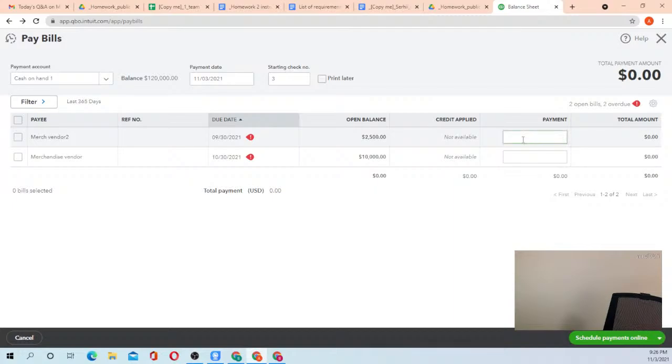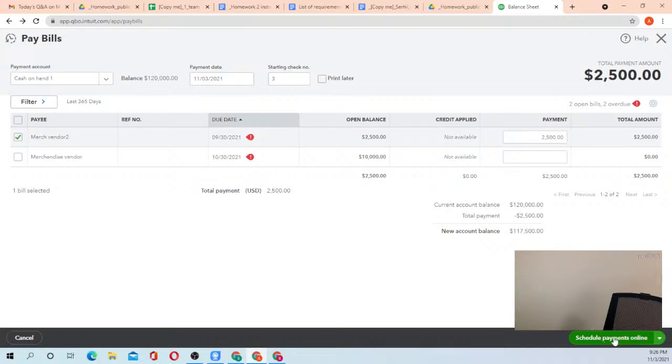So we just take 2,500, and we see how it will impact our cash. And we just save and close.